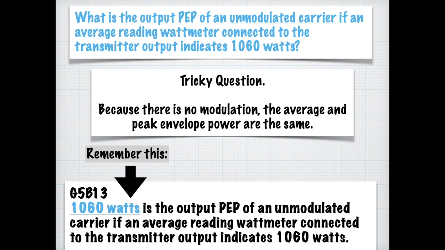So just remember this, that 1060 watts is the output peak envelope power of an unmodulated carrier if the average reading wattmeter connected to the transmitter output indicates 1060 watts. So they're equivalent, a 1-to-1 ratio. Life is good.